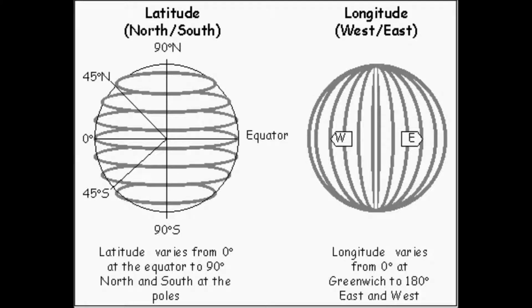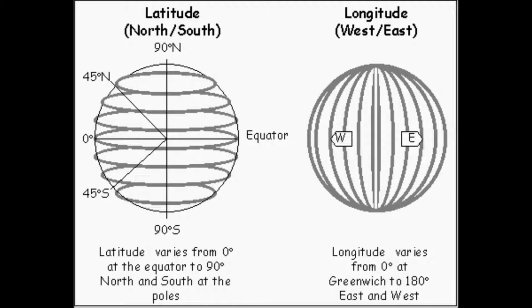Now the next concept which comes is mathematical location of places on the globe. So how can you mathematically locate any place on the globe? Geographers came up with locating it by a coordinate system.